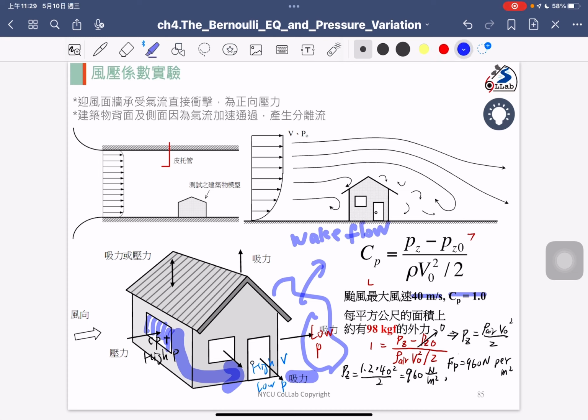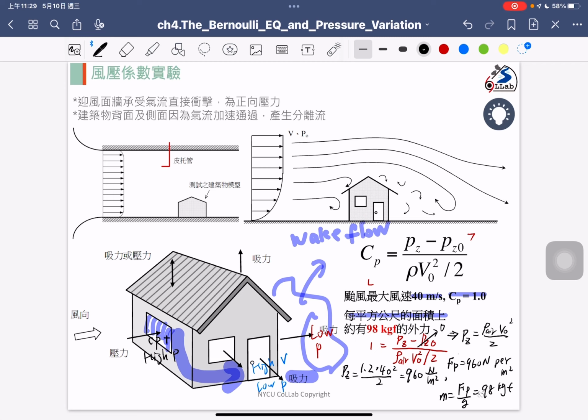Okay, because the answer we need to find is how large the pressure force we have per square meter. So it is equal to 960 newtons, and if you want to compute how large the mass is, you just divide the pressure force by 1 g of gravity, and you know that the mass is equal to 98 kilogram force. Okay, so that's the idea.